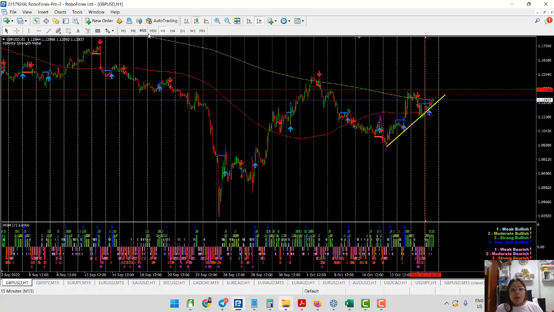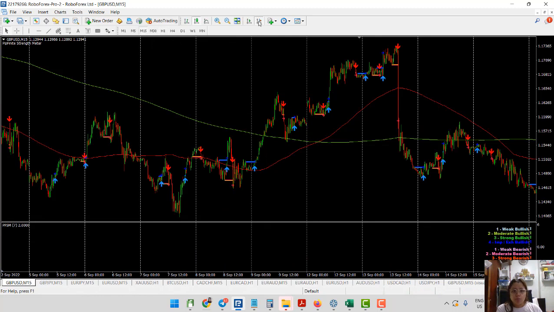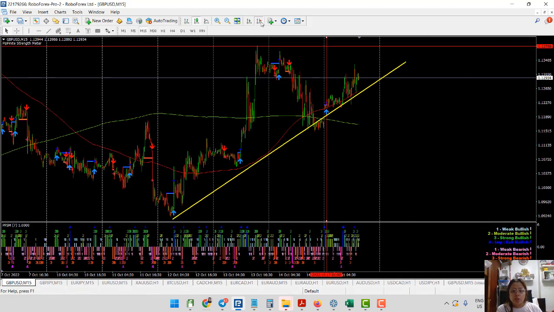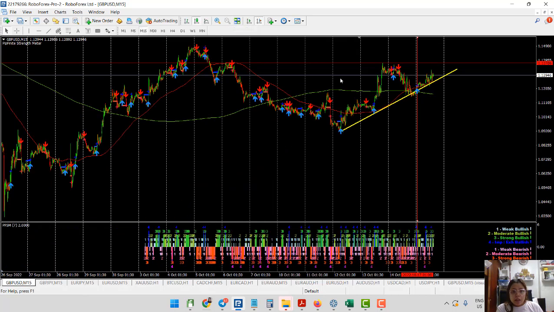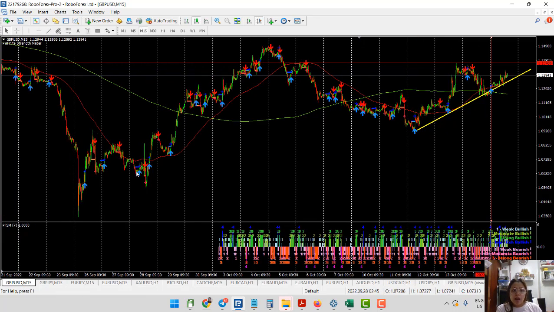Since I'm trading intraday, what I would be looking for are short-term opportunities to buy, because in a smaller time frame, or my trading time frame like the 15-minute, I am now in a short-term uptrend. As you can see, you have highs here, a higher high right there, a higher low right here. So I will want to take advantage of this opportunity to get in the market so that I will get a few decent pips.